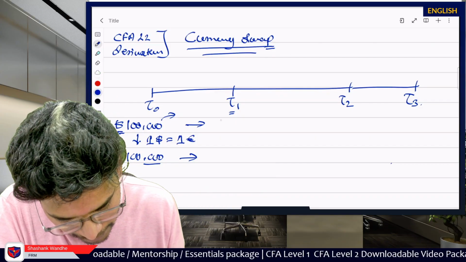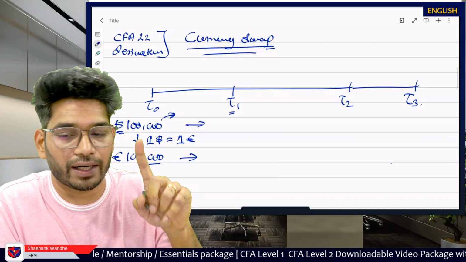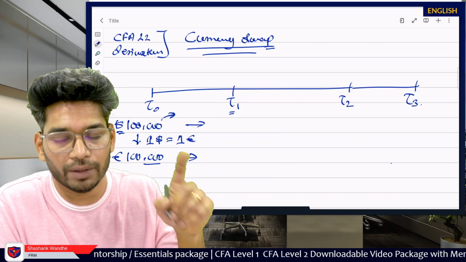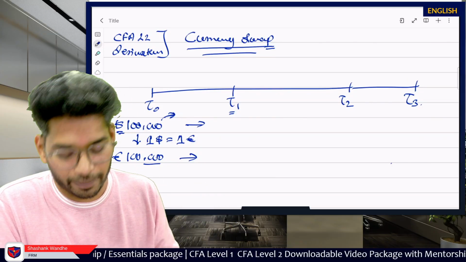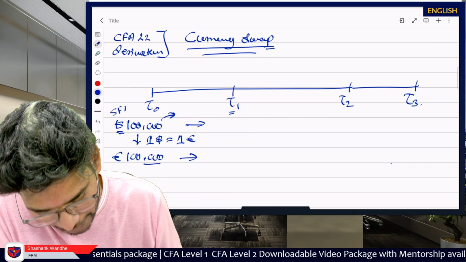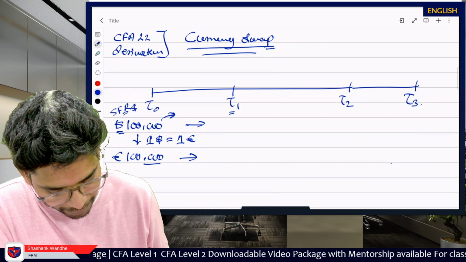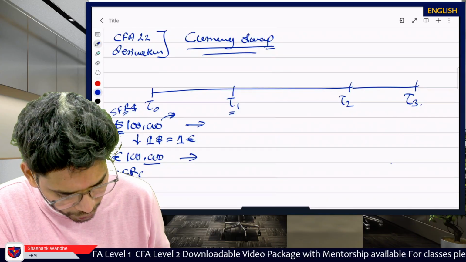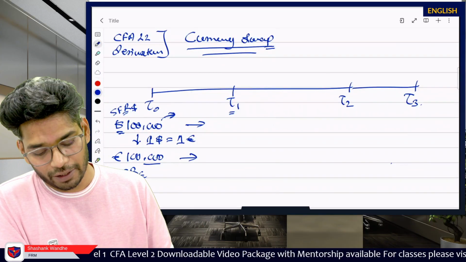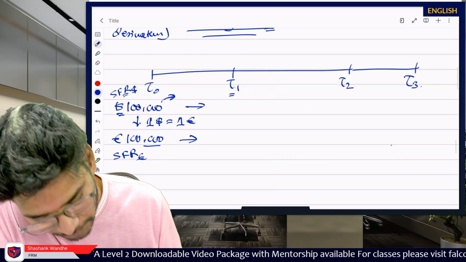So every year, based on your SFR, here we don't have any floating problem. Both will have the fixed rate. So you will have the SFR, the fixed rate on the dollar, which we will call SFR dollar. And for the euro side also, we will have the SFR, which is SFR euros.